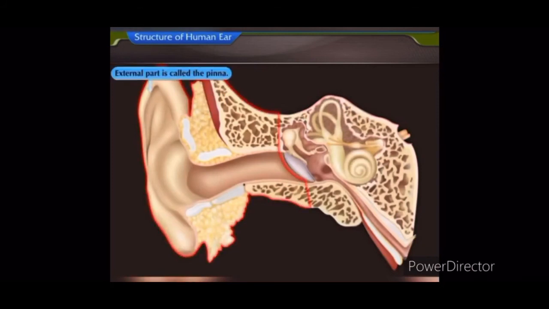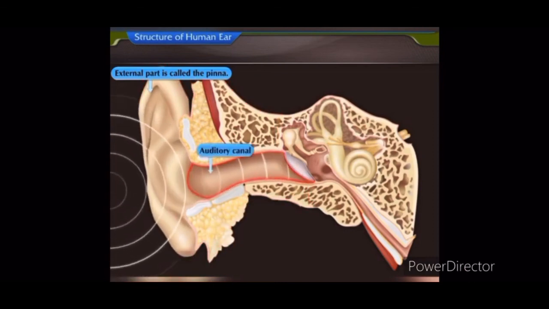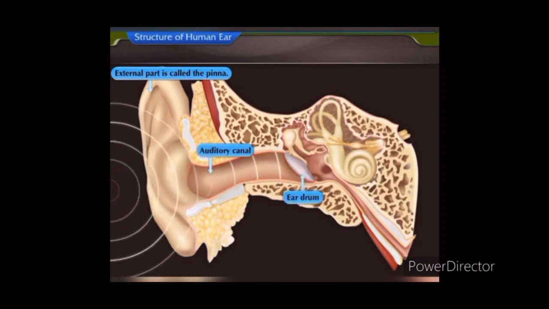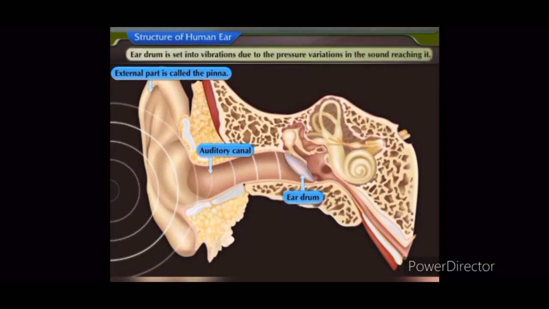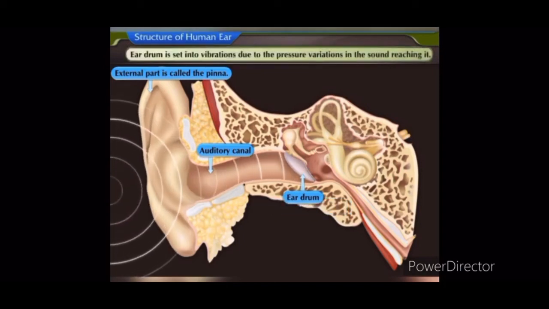The external part is called the pinna. The pinna collects the sound, which is carried by the auditory canal to the eardrum. The eardrum is a thin tympanic membrane. It is set into vibrations due to the pressure variations in the sound reaching it.